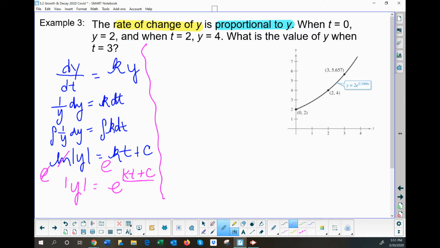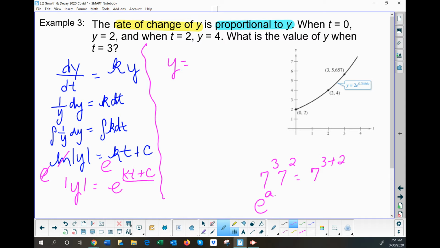And remember the exponent rule: 7 to the third times 7 to the second equals 7 to the 3 plus 2. Or a base raised to a power, e to the a times e to the b equals e to the a plus b.